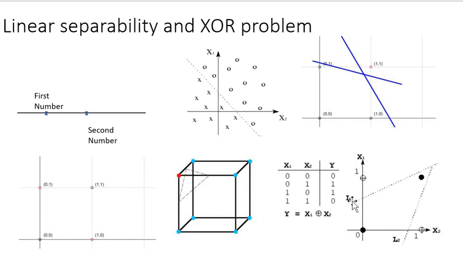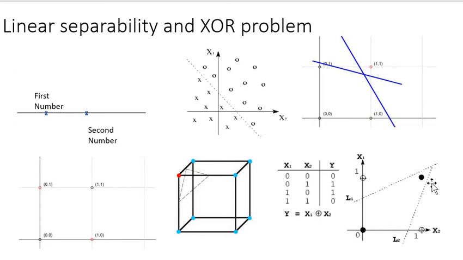But in the other case, if one of my inputs is 1, or one of my inputs is positive, then my Y becomes 1. So this is the graphical representation of the XOR gate where I have 2 red points this way and 2 black points. This particular problem is quite similar to the problem I was discussing for this particular graph, and hence it is called the XOR problem.